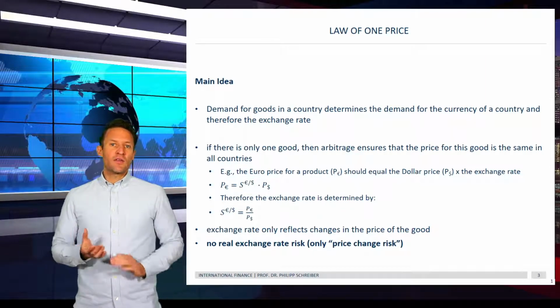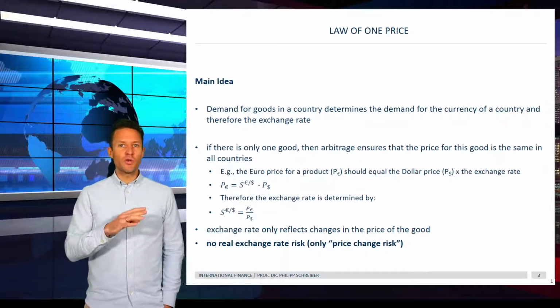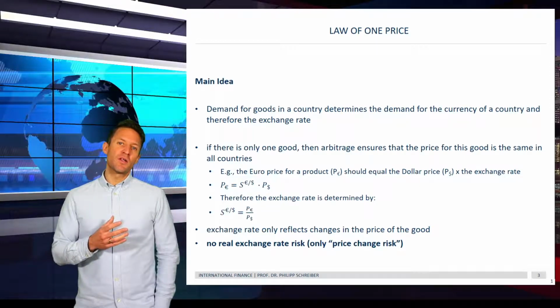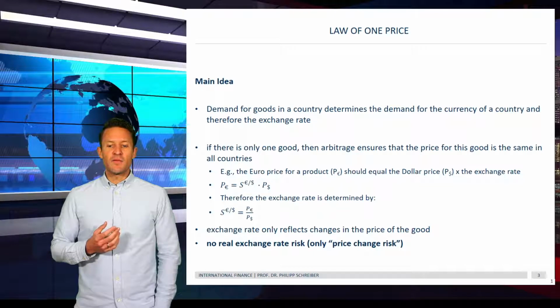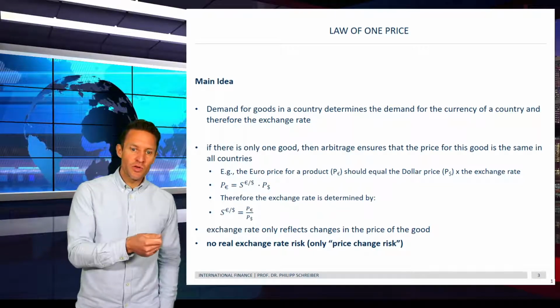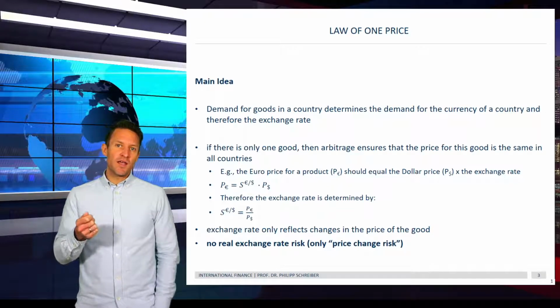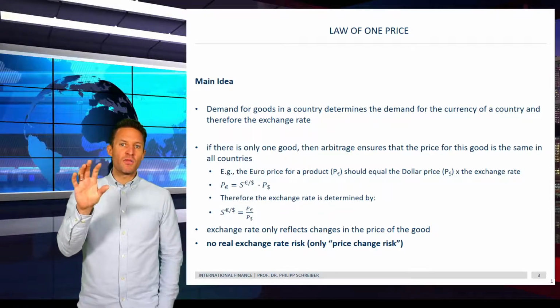And we can start with a simple example. Let's say there's only one good. There would be only one good that is traded in the world, and this good would be available in the US and in Europe or in Germany. And if there is only one good, then the exchange rate between euros and dollars could easily be determined by taking the euro price of that good and dividing it by the dollar price of that good.